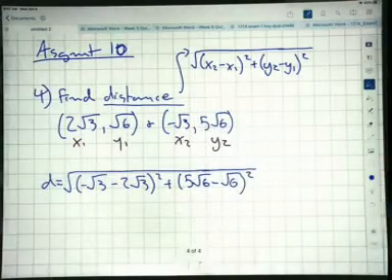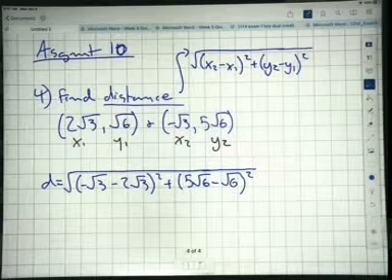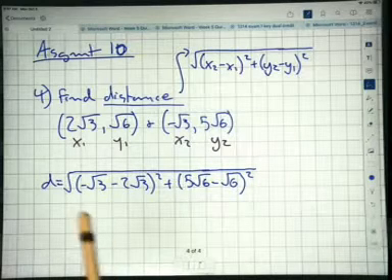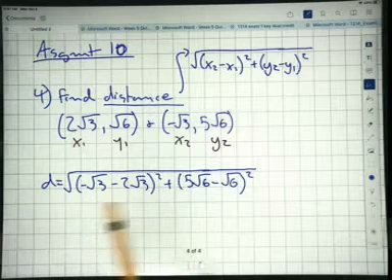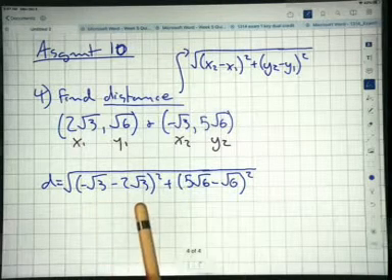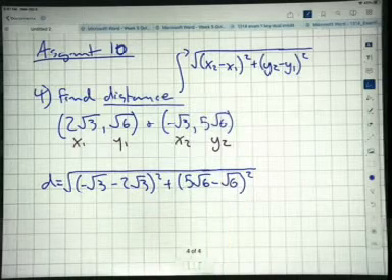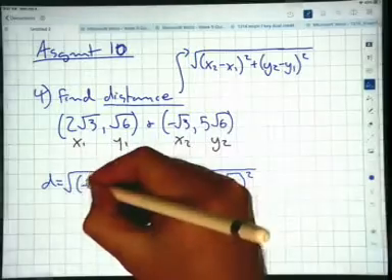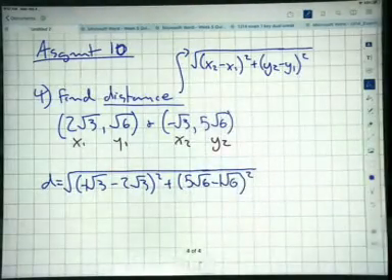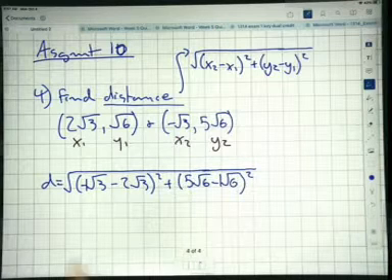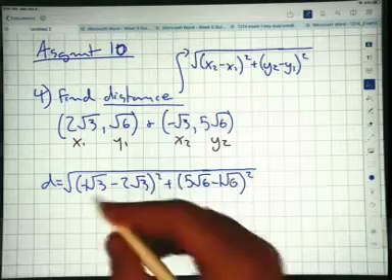What might help us here is to recognize that within each of our parentheses, we're dealing with like terms because they have the same root. These 2 terms have the root 3 in them. These 2 terms have the root 6. It might help to put a coefficient in front of these roots. So now I have negative 1 root 3 minus 2 root 3.